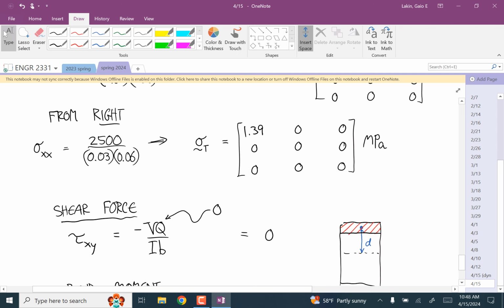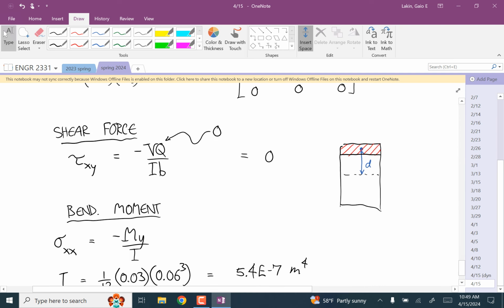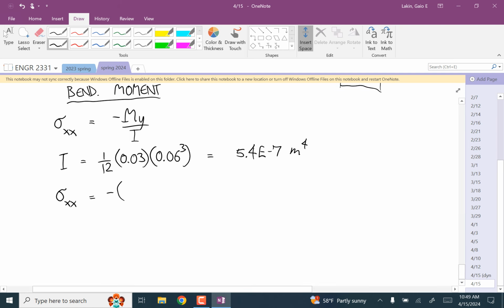Let's calculate that bending moment. The bending moment is 61.305.